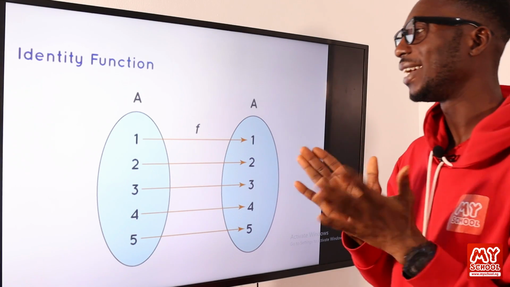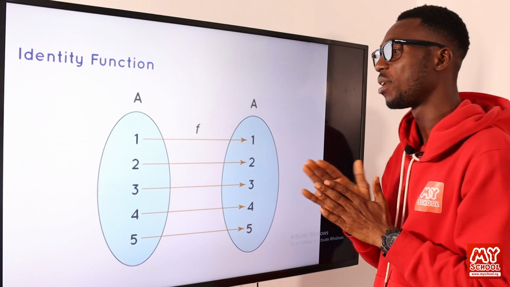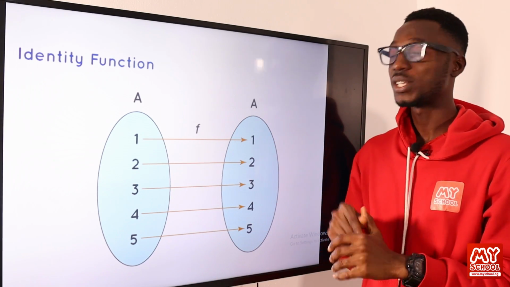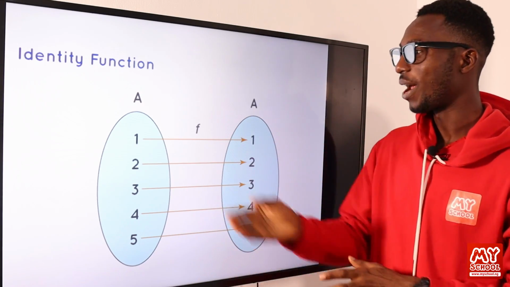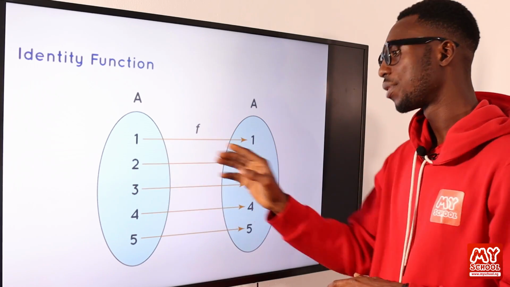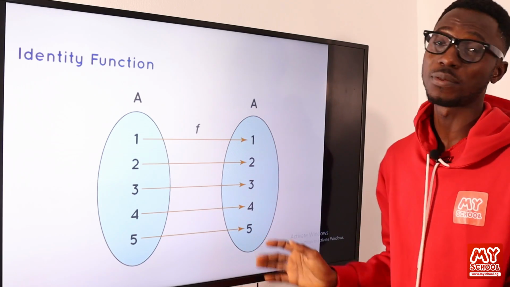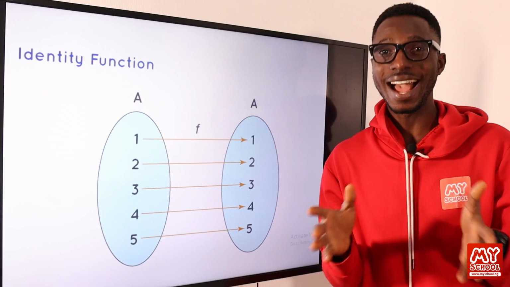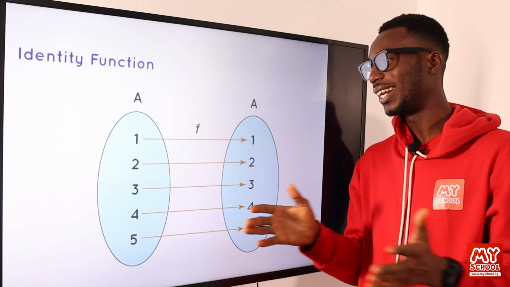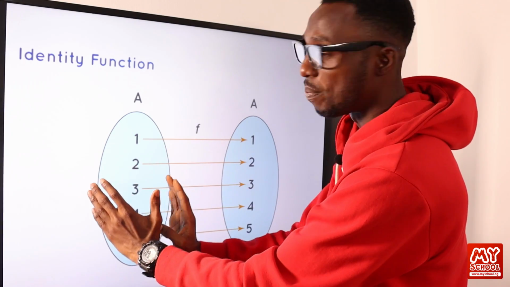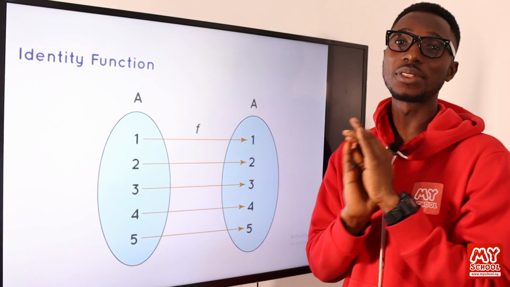So we have the identity function. It's just like you are creating an exact replica of yourself, just like a twin set. You can see this: 1 is being mapped to 1, 2 is being mapped to 2, 3 to 3, 4 to 4, and then 5 to 5. Just like the term implies, identical twins look exactly the same. So this can take the position of the domain, and this comes as the co-domain, and nothing changes.